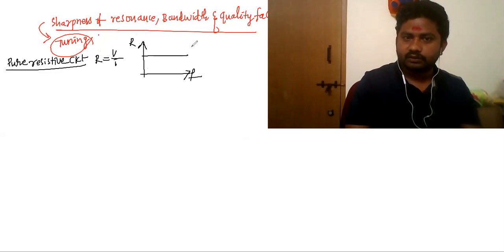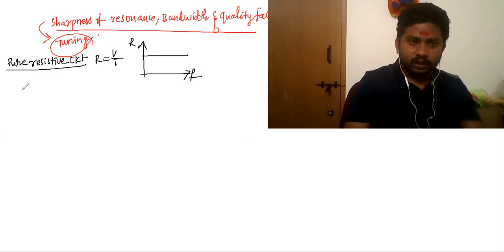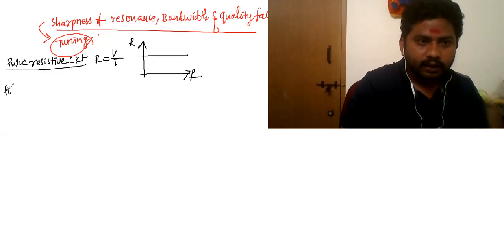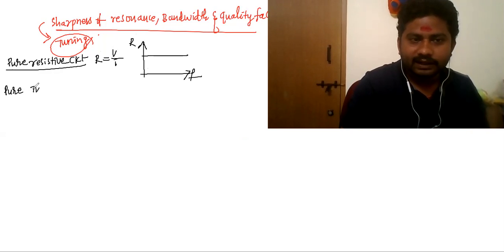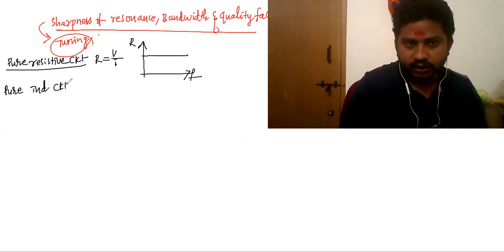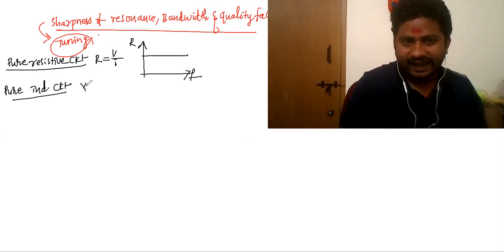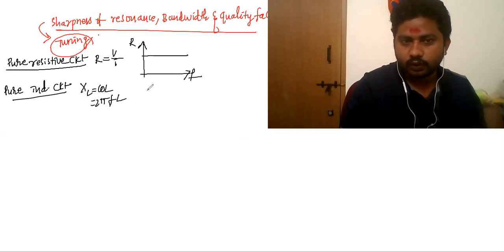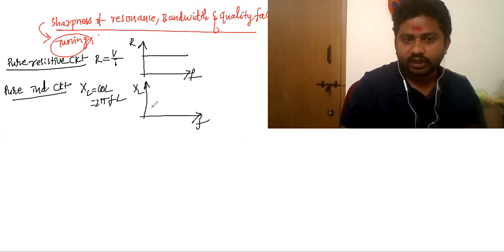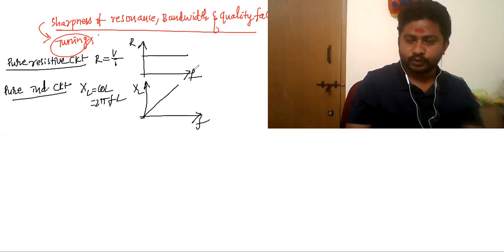So independent of the frequency. Now in a pure inductive circuit, we know XL is equal to omega into L, which is equal to 2 pi f into L. In this case, XL and frequency are directly proportional.